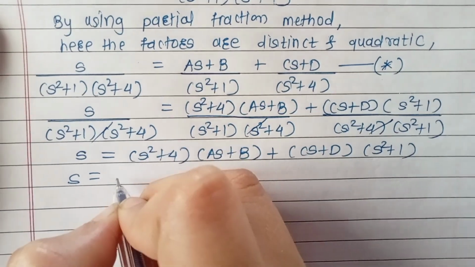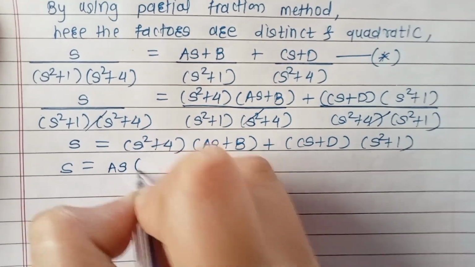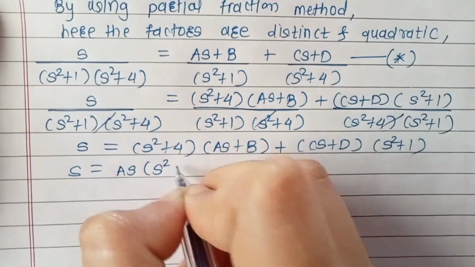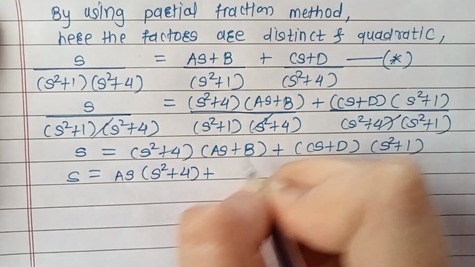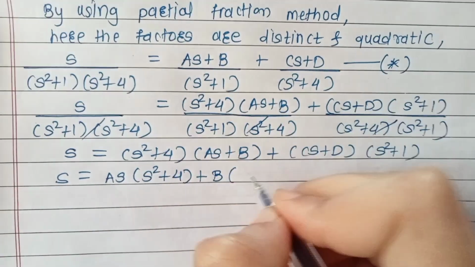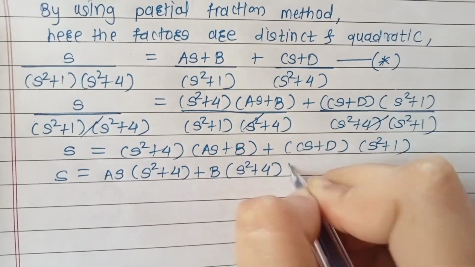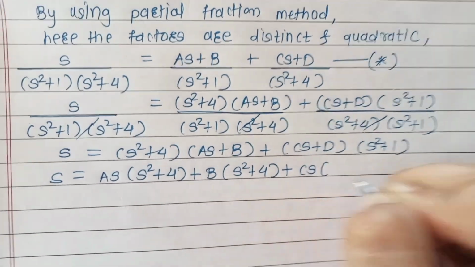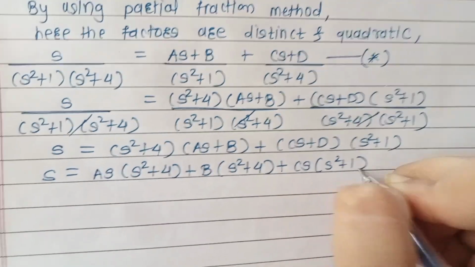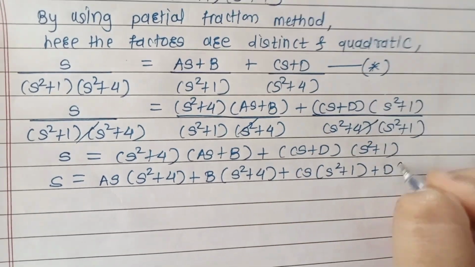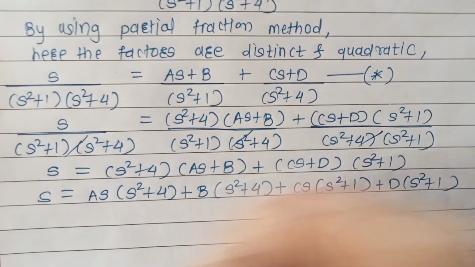We can write it as as multiply with this first bracket s square plus 4 plus again b multiply with this bracket s square plus 4. Similarly here also cs into s square plus 1, then another term that is d into s square plus 1.